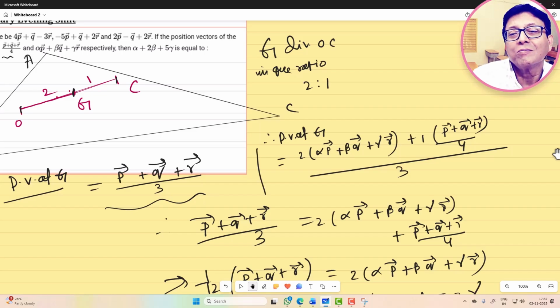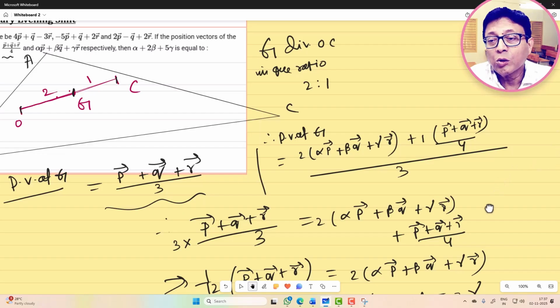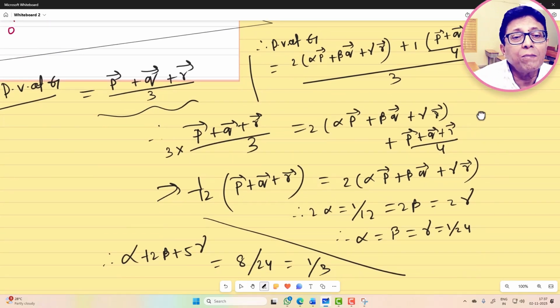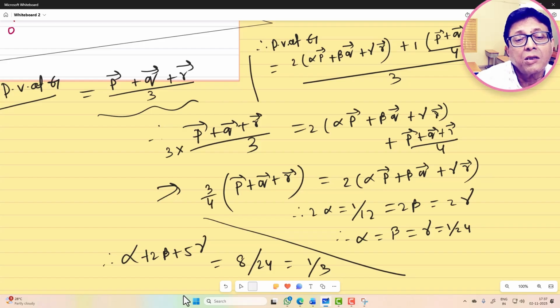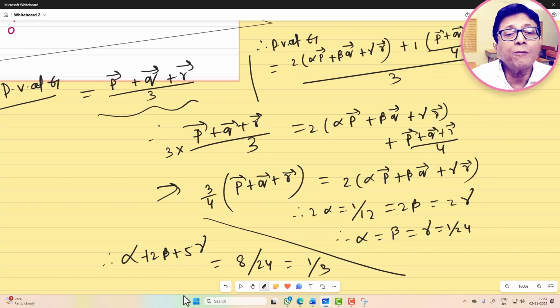So by 3 will be there. Section formula, isn't it? So that 3, when you compare, it will come this side. So there will be only 3 into this thing, P plus Q, 3/4 it will be. Isn't it? So it means 2 alpha is going to be 3/4.